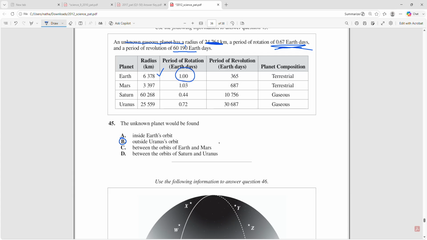So let's look at Earth. Earth spins around once in a day, right? It turns around completely one time. Period of revolution is the number of days it takes to get around the sun. Okay, and the planet composition terrestrial. Okay, great. Mars, for example, it's a smaller planet.